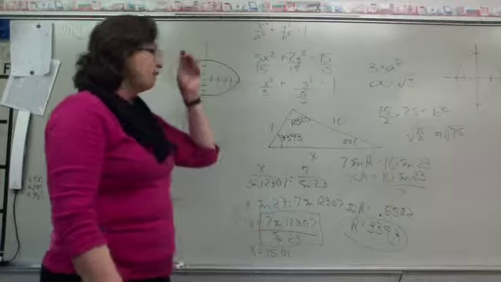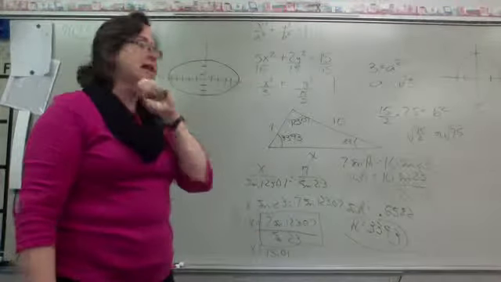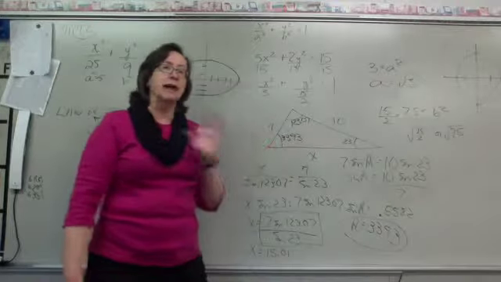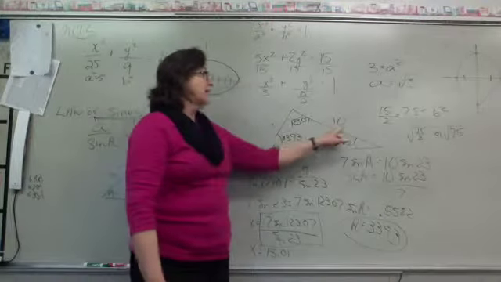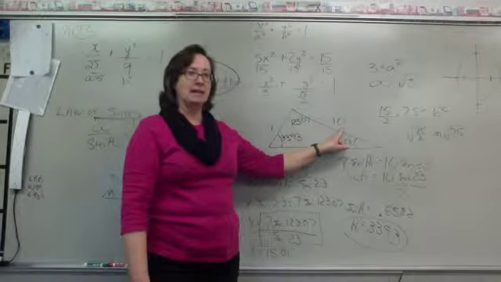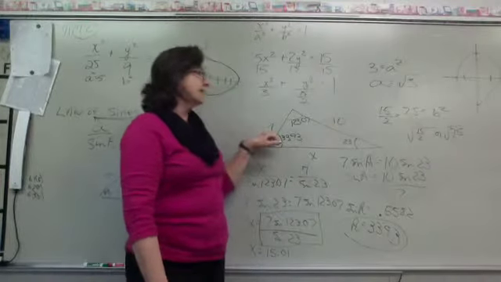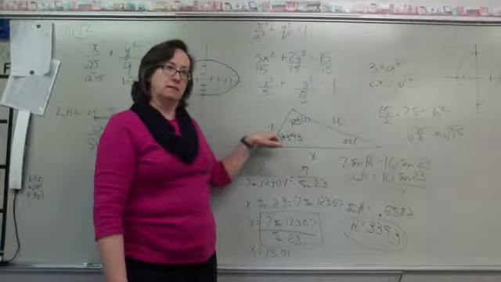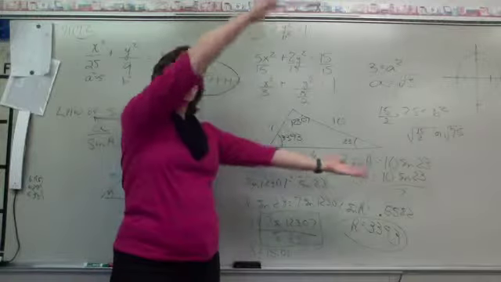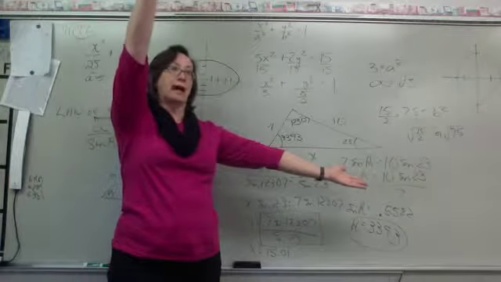Okay, another thing that you can tell that you should use in your analysis, since this side is 10 and this side is 7, remember that the larger angle opens up to the larger side.